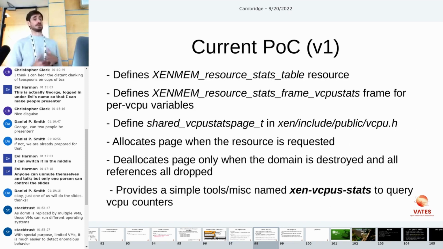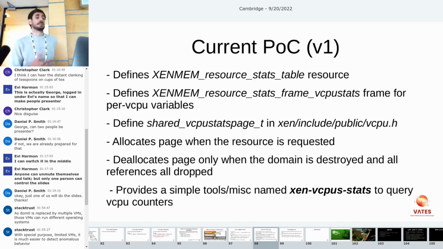So we have the second version of the proof of concept. We propose a new resource called stats table, and, sorry if I'm being a bit technical here, I'm going to use the first frames to keep VCPU information, because the idea is maybe to use different frames for different information, so it's going to be extensible.